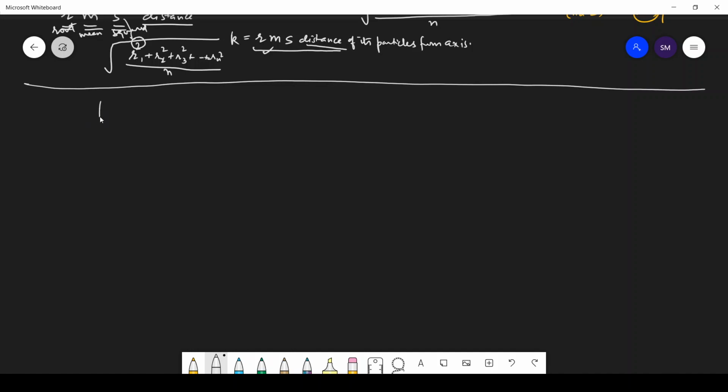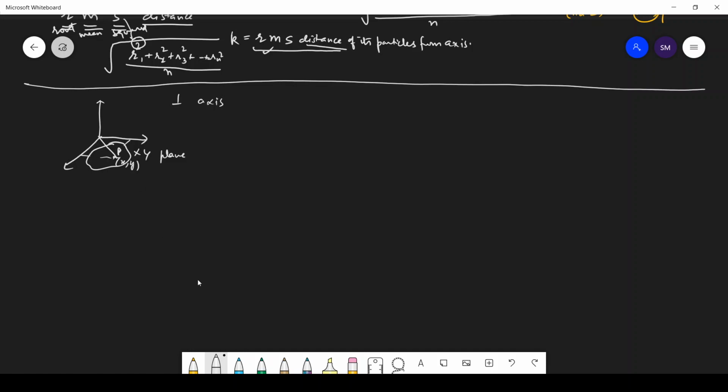So what is the theorem of perpendicular axis? For the theorem of perpendicular axis, I told you about the body in the xy plane, and I have told you this diagram. There is a particle P, and these are its coordinates x, y.